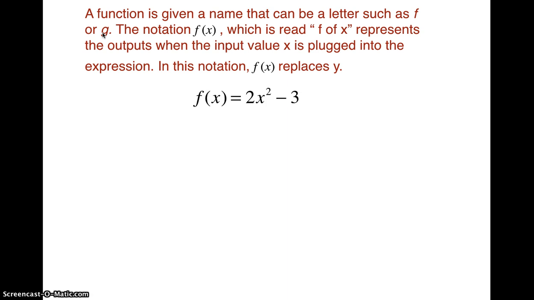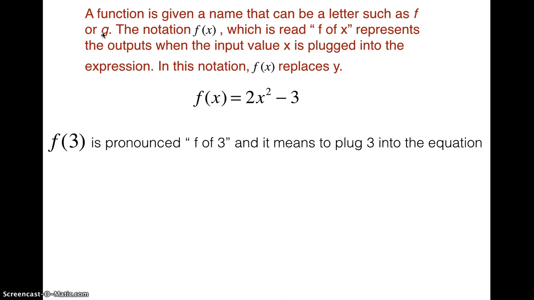So we have this function here, f of x equals 2x squared minus 3. And let's say I wanted to evaluate this function for a specific number. So we have here f of 3. And what that means is to plug the 3 into the equation wherever you see an x. So f of 3, plug in the 3.